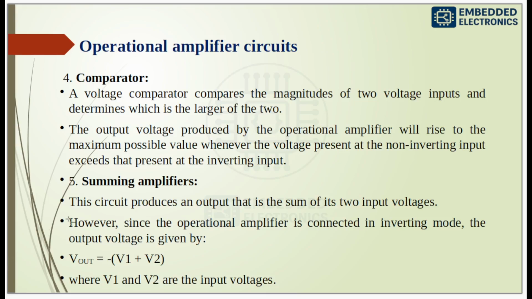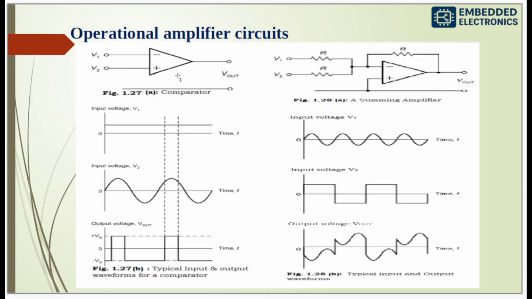The output voltage produced by the operational amplifier will rise to the maximum possible value whenever the voltage present at the non-inverting input exceeds that present at the inverting input. So here you can see the comparator. What the comparator does is compare the two signals V1 and V2, and which one is bigger, by giving an on and off output.